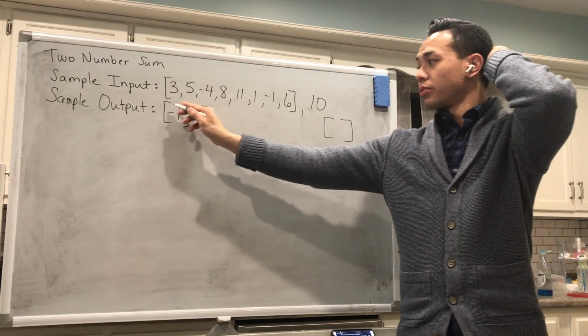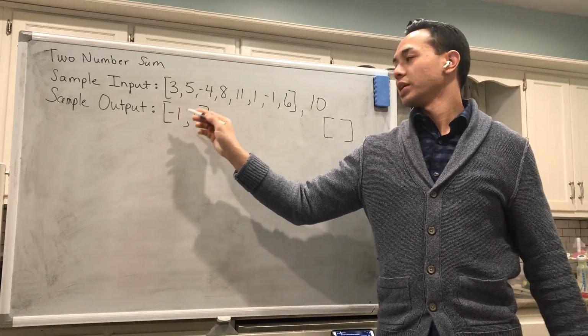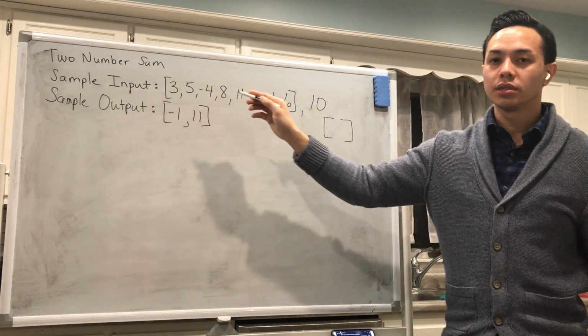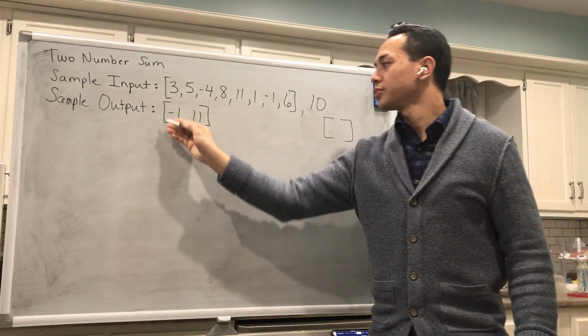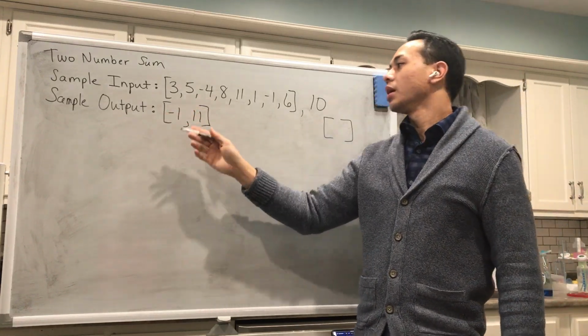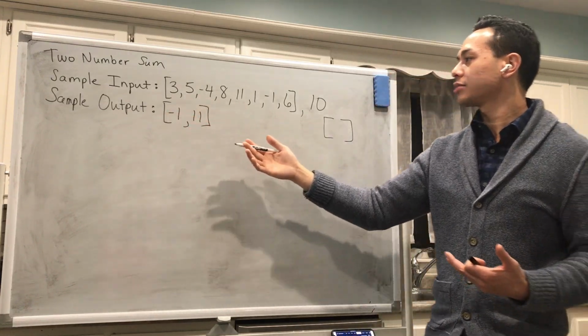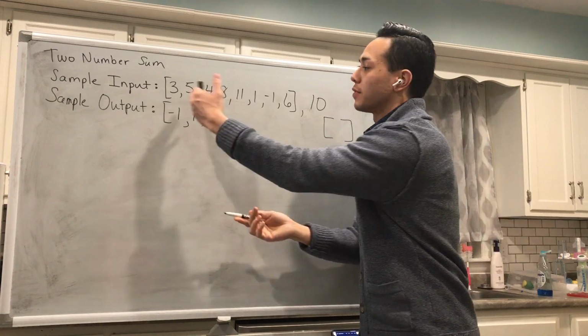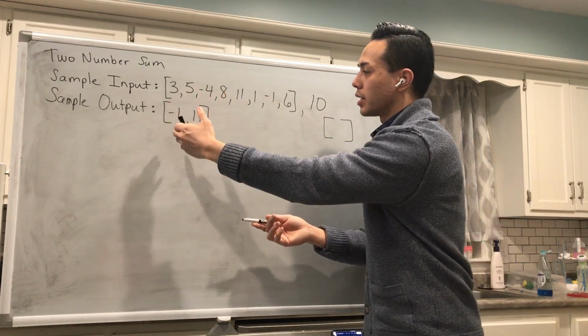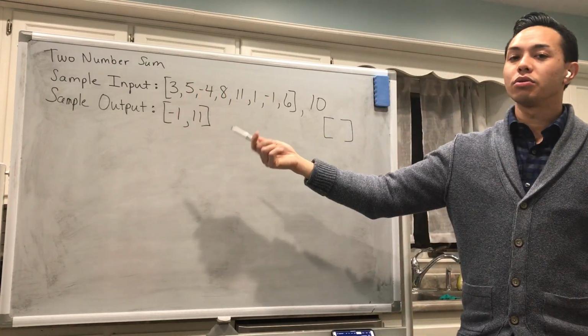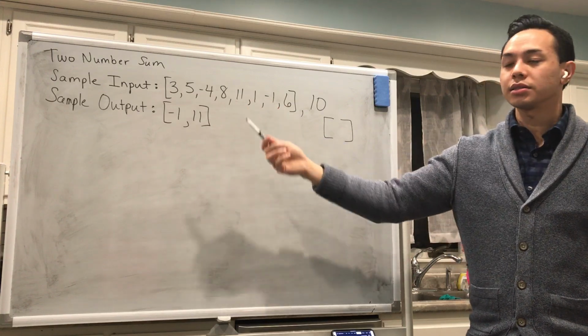So at most, the array that's returned will only have one pair of numbers. And it doesn't actually say that you have to return them in any specific order. In the sample output that they provided, the 0th index number has a lower value than the first index number.